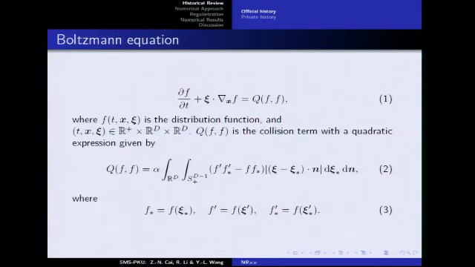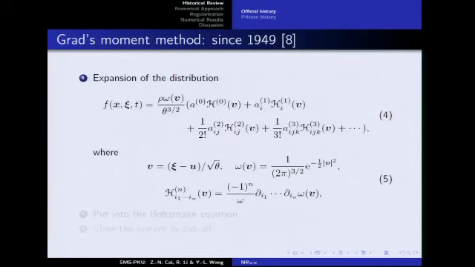And the moment method by Grad, that is the classical paper in 1949, is trying to reduce the computational cost for the Boltzmann equation.